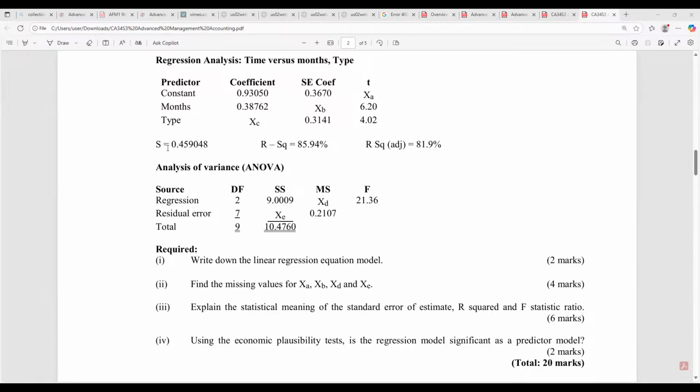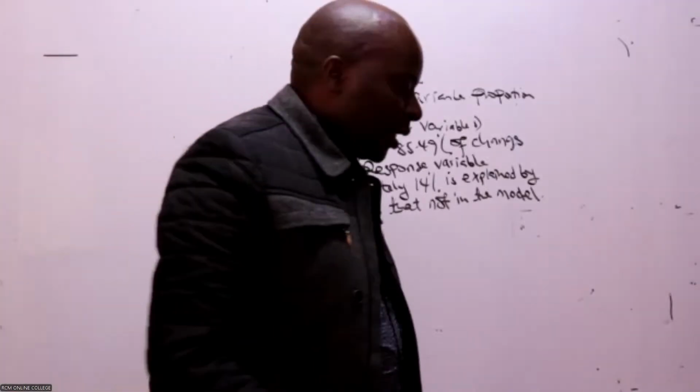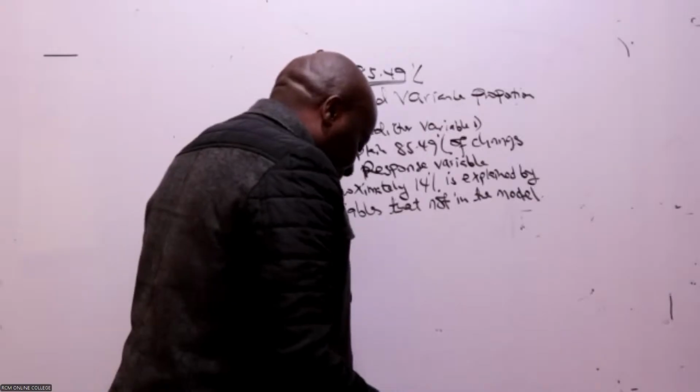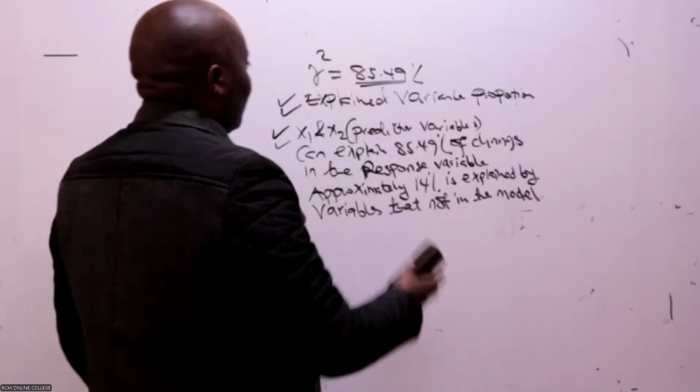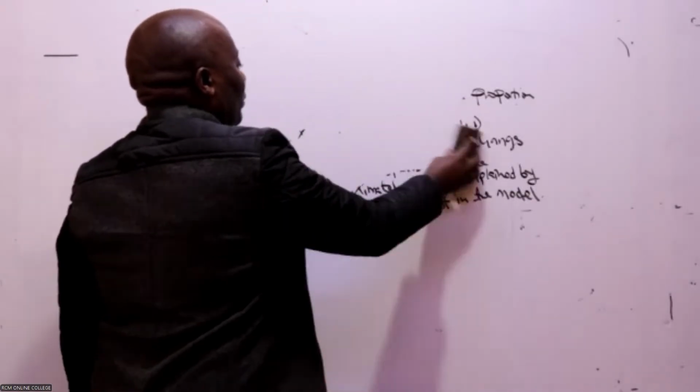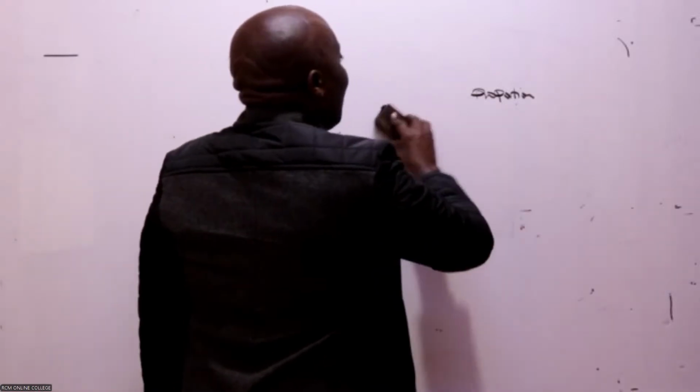We haven't yet finished all our explanations. We've done standard error and R squared, and now we need to do the F statistic ratio explanation, which is very easy. Remember, I told you we have 2 types of hypothesis tests.